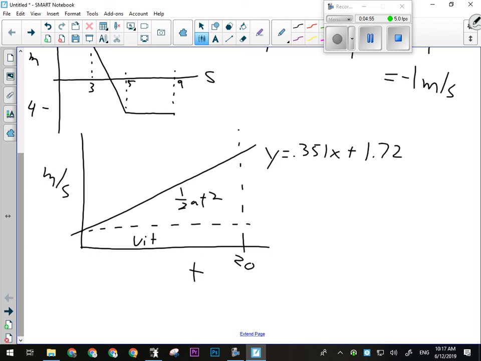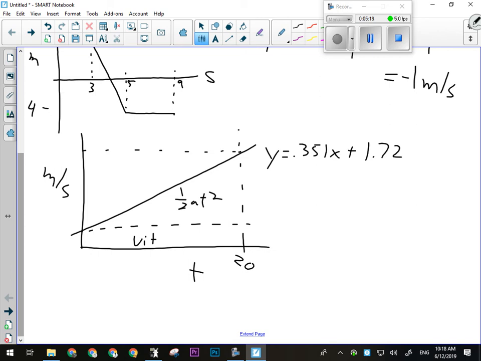That calculates the area. Or I could go through all the motions of calculating the height of this triangle, by calculating what y is at 20 seconds, subtracting the 1.72 from that and calculating the area as 1/2 base times height. That would also work, but this is quicker, obviously. So punch in my numbers and I've got my total displacement from there.